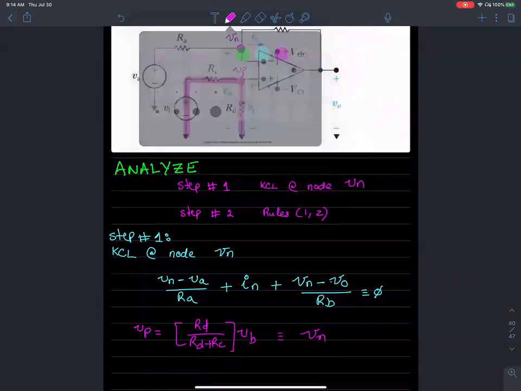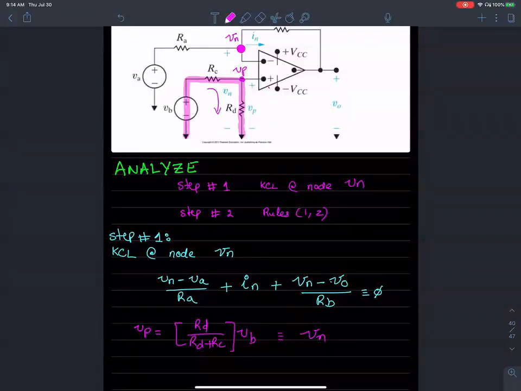So the current going in here, IB, is VB over RD plus RC. Now what's the voltage drop? Because there is some current going in here, IB, simply multiply that by RD to get the voltage drop VP.